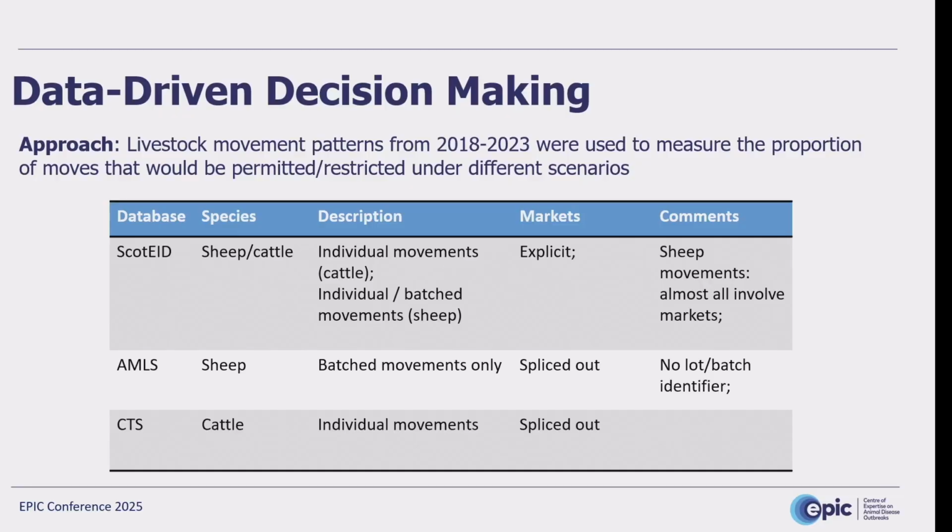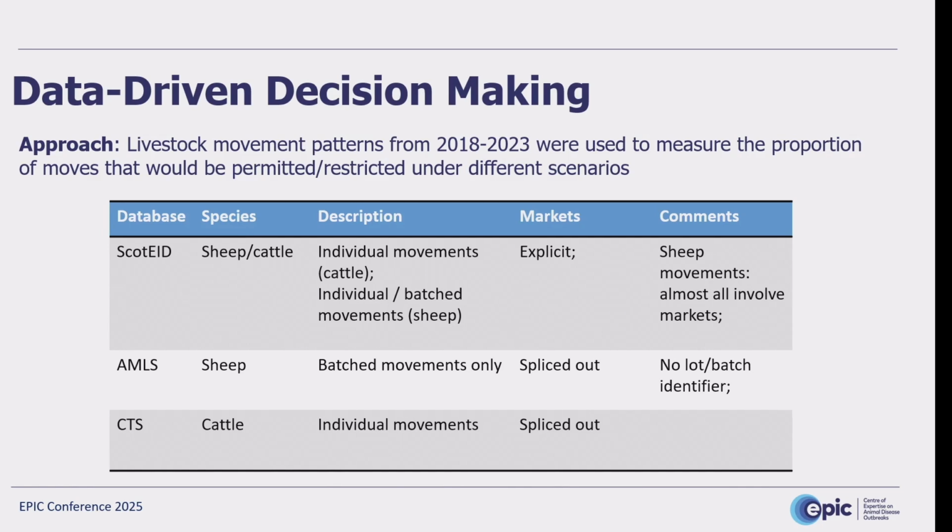In order to do the scenario-based modeling to compare impacts on Scottish livestock trade, we retrieved 6 years of data from various databases: Scottish movements, English movements, and Welsh movements for cattle and sheep. Then we measured the proportion of movements that would be permitted against the movements that would be restricted under these different scenarios.